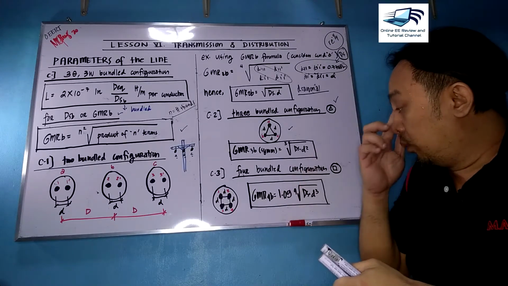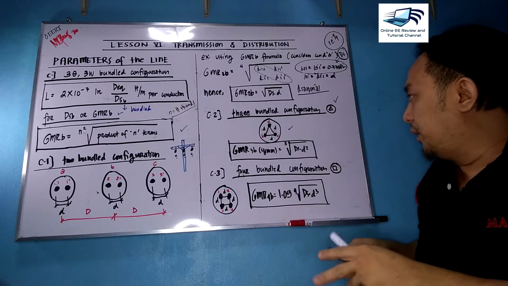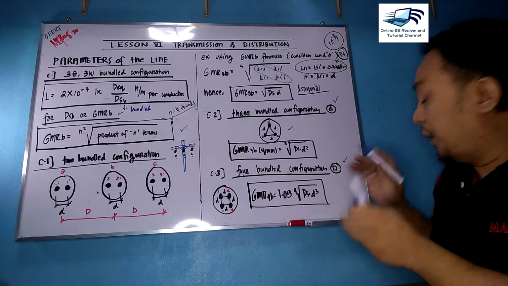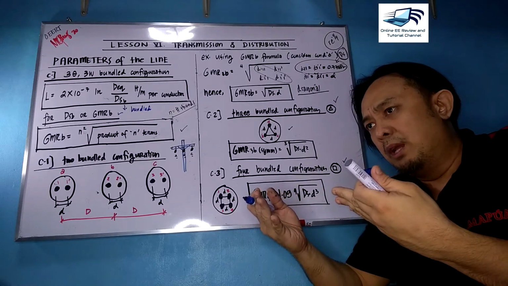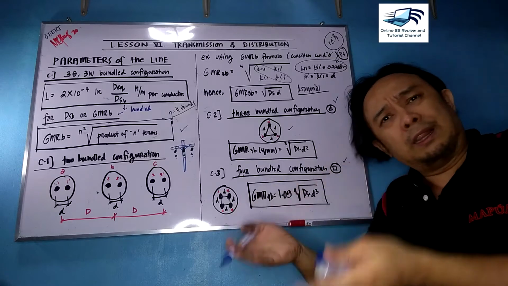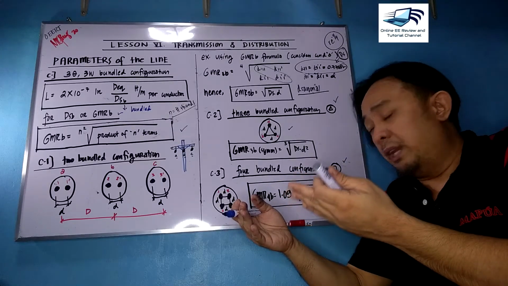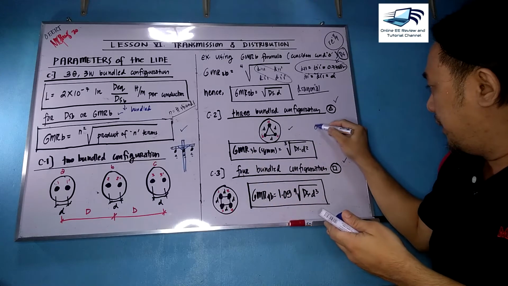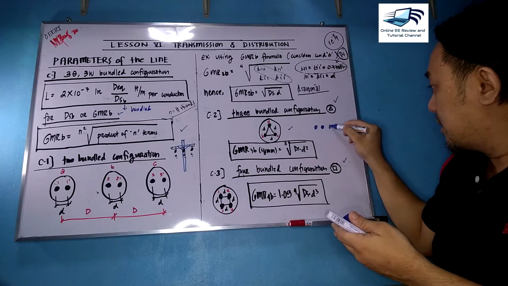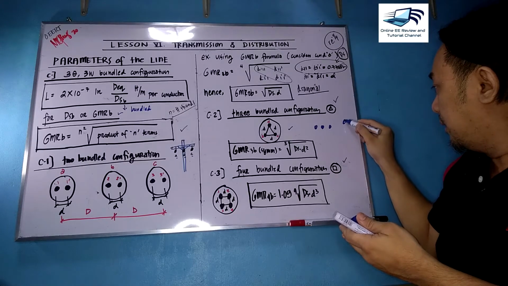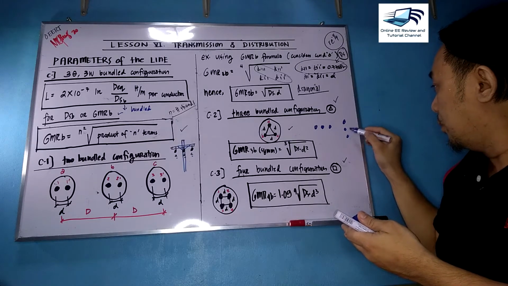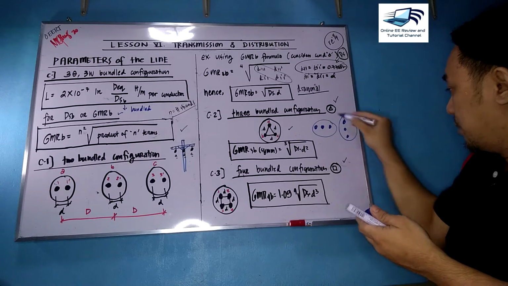And if you do it on your four bundle configuration, the typical arrangement, if there's no saying in the problem what type of bundle, because your four bundle can be a diagonal, your three bundle can be a horizontal like this, or a vertical like this. So these are different configurations, right?